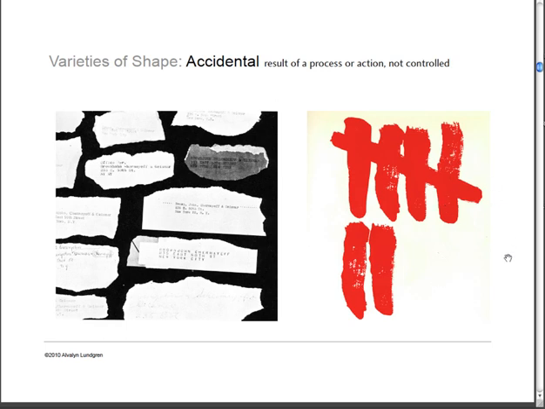If you spill your coffee onto your desktop, the resulting shape that the coffee is making on your desktop is accidental because you spilled the coffee. That was the action or the process, and then there's this resulting splat, and that's uncontrolled. So that would be an accidental shape.